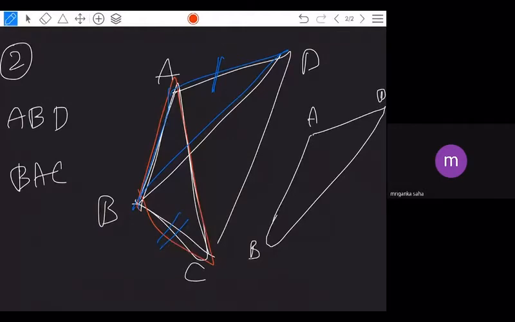Sir, BAC triangle बोलना है ना? Whenever you are writing congruency, you should say BAC. But normally, whenever you are pronouncing, you can say ABC. Okay? Is it clear? So now here, angle DAB is given.